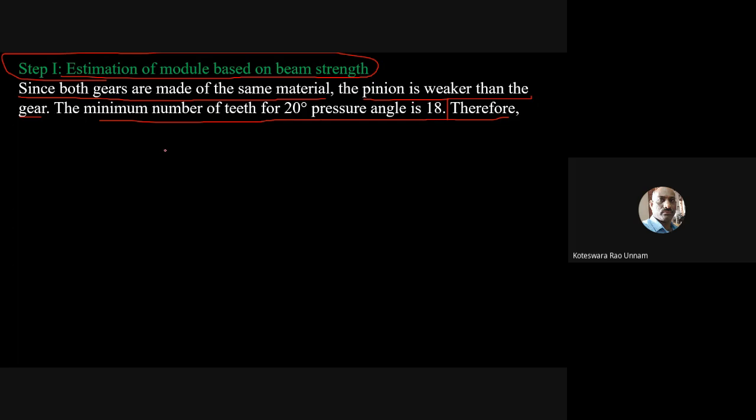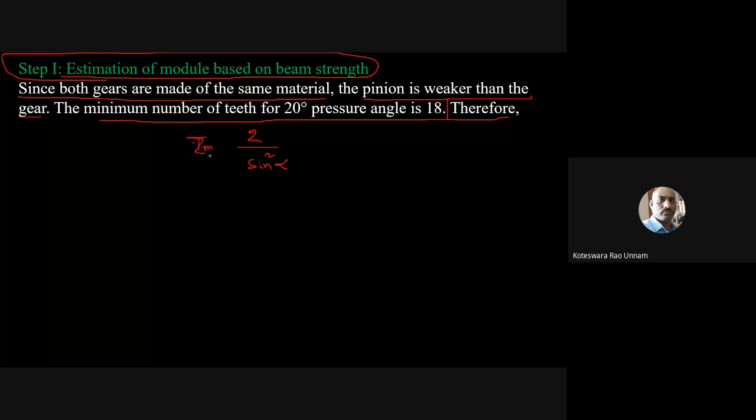If you recall, in your kinematics you might have studied interference and all these things. There, the minimum number of teeth on a gear to avoid interference is given by 2 by sine square alpha. This is the formula for the minimum number of teeth, T minimum or Z minimum.